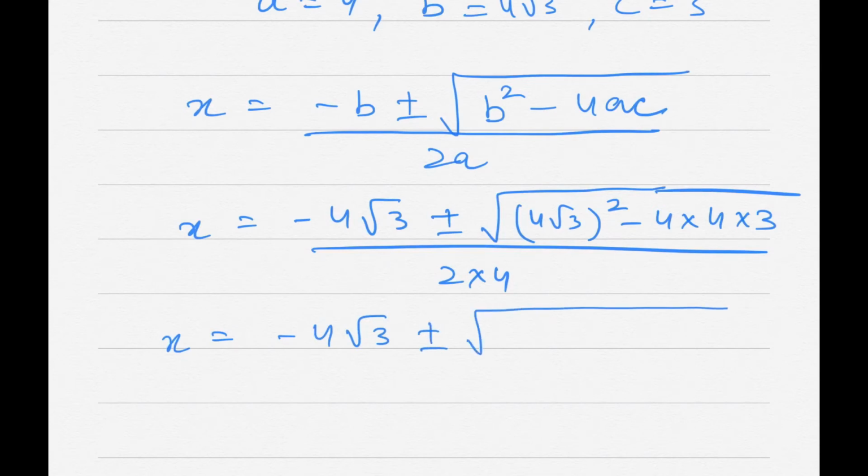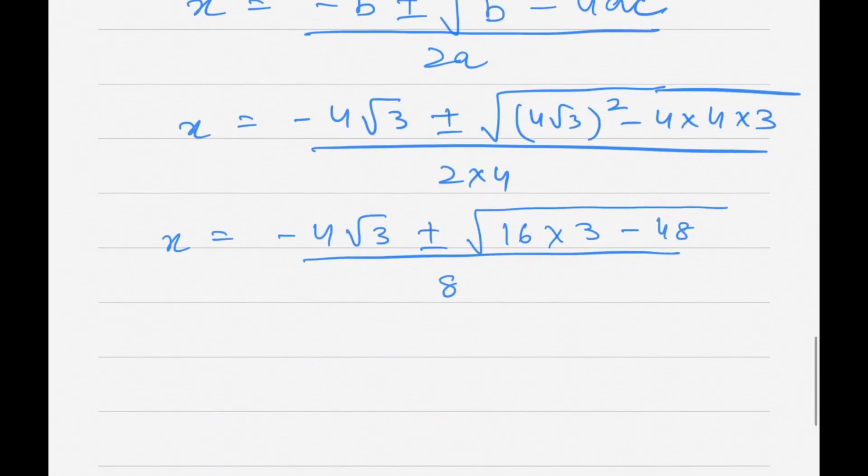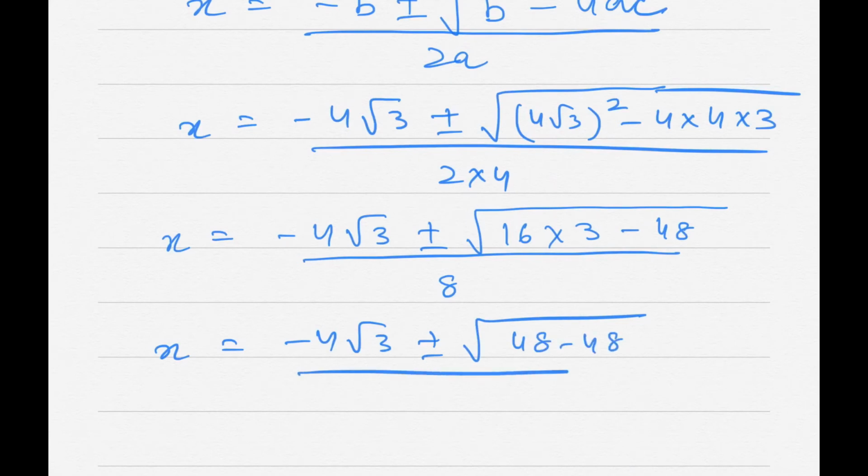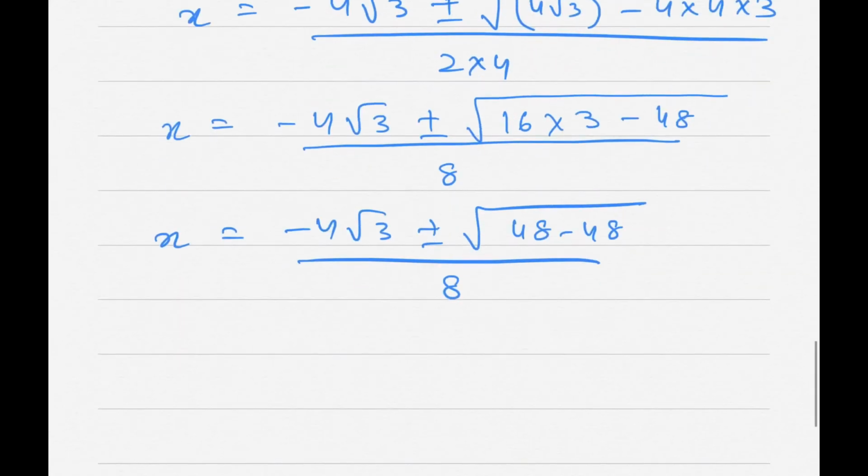So my x is equal to minus 4 root 3 plus minus. Now 4 square will be 16 and root 3 square will be 3, right? So this is 48, minus 48, divided by 8. So this becomes 0. So x is equal to minus 4 root 3 plus minus 0, which doesn't make any difference.